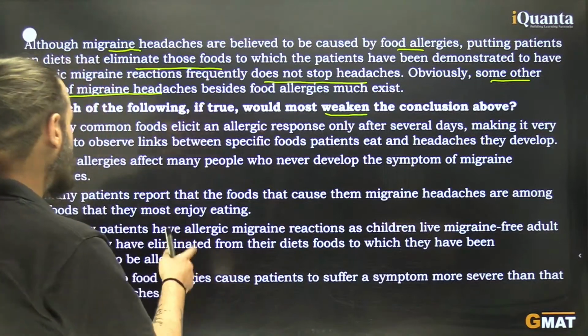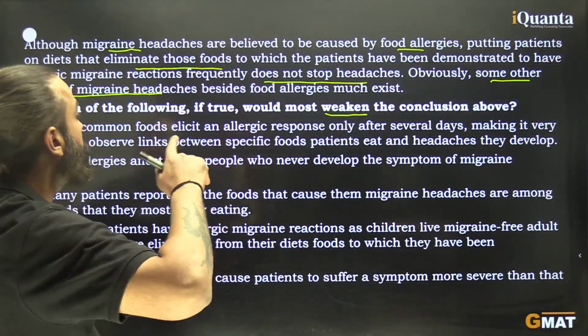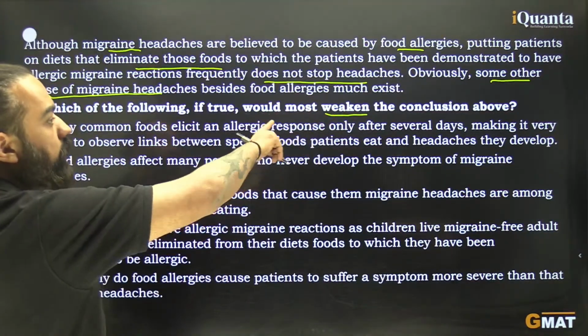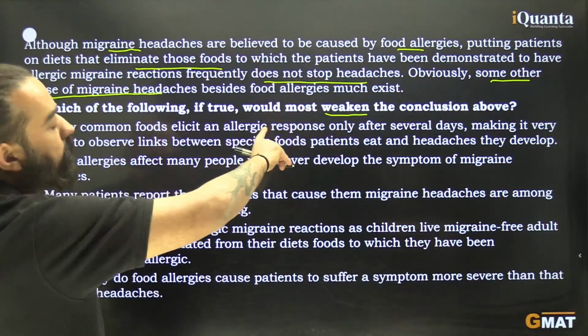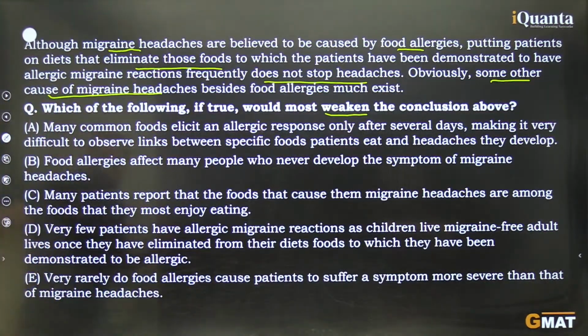So it still is saying that it was because of the food that there was a reaction. But we have to weaken the argument that some other cause of migraine attack besides food allergies exists. So D, sorry, just a minute. Yeah, D reiterates the fact that removing certain foods does not always help.